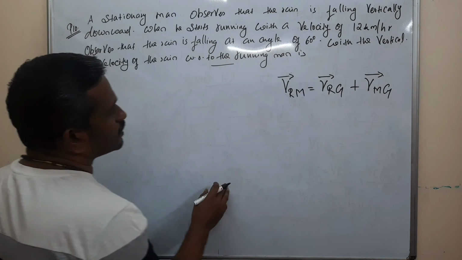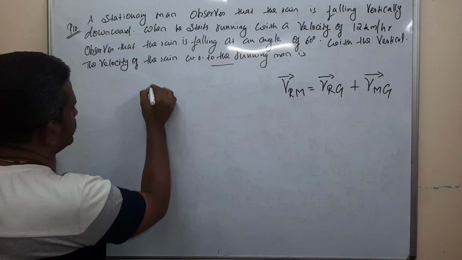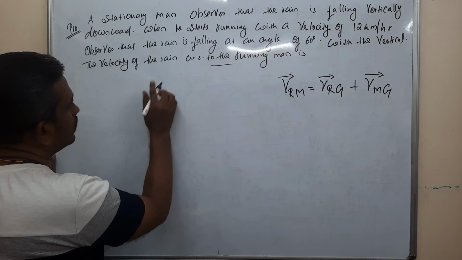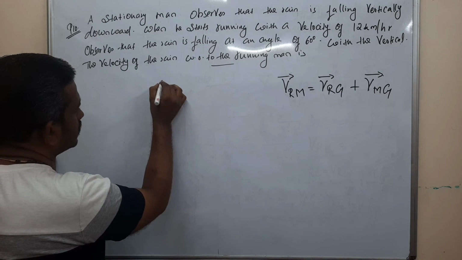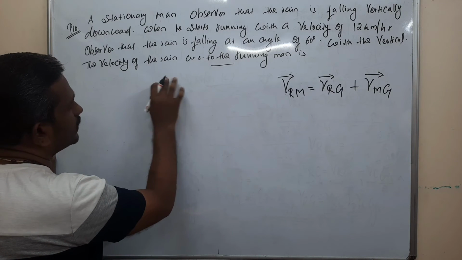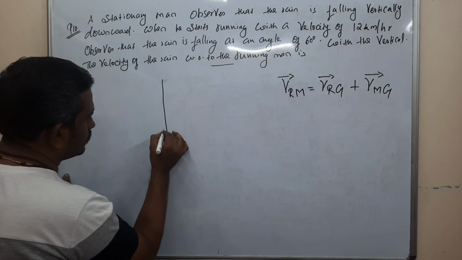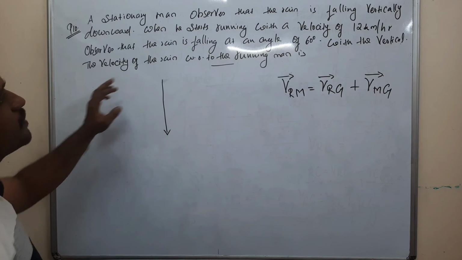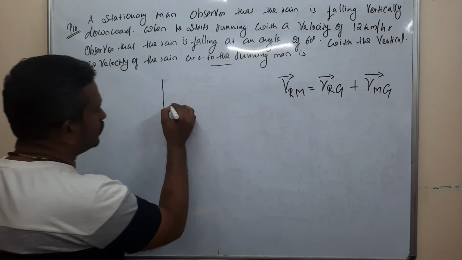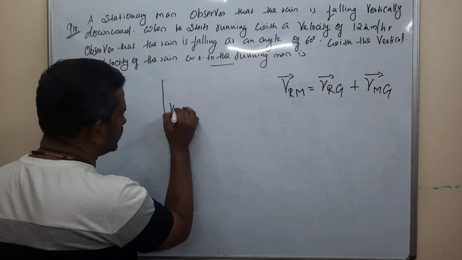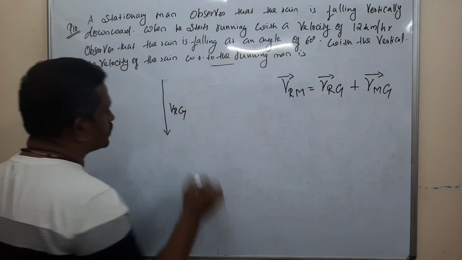Velocity of the rain with respect to the ground. It is falling vertically downwards. The stationary man observes that the rain is falling vertically downwards. This is the velocity of the rain with respect to the ground.